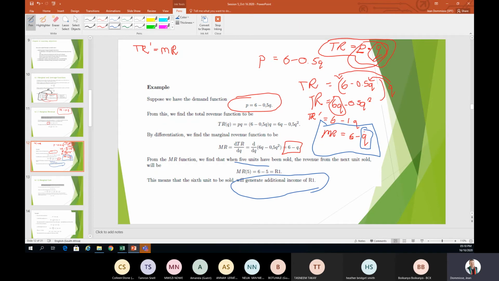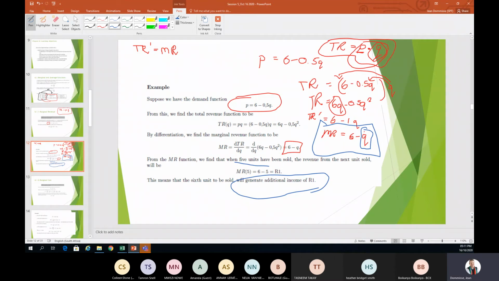What that means, and I think that is also important, although I don't see how they can test that in the nearly open book exam, is that for every extra unit that you create, you are making an additional 1 rand profit. That is basically what the marginal revenue means.